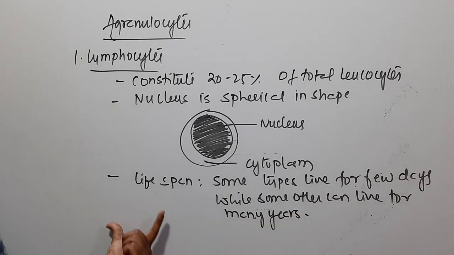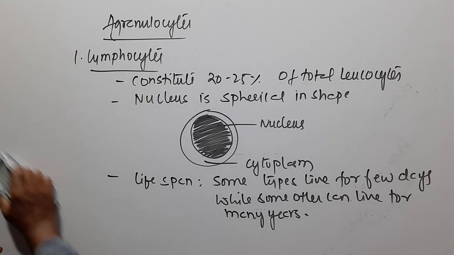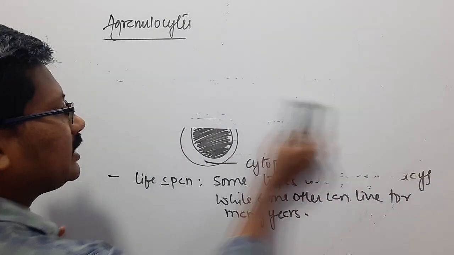So that is the lifespan of these lymphocytes. That's small information on lymphocytes. Then next we shall see about monocytes.